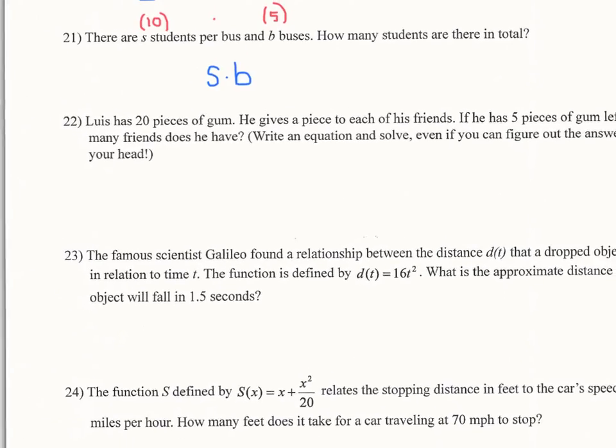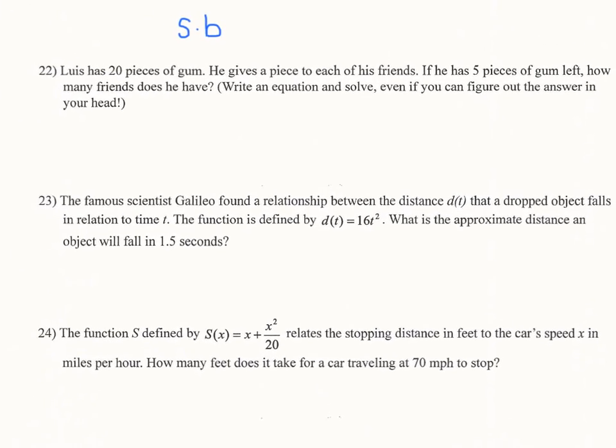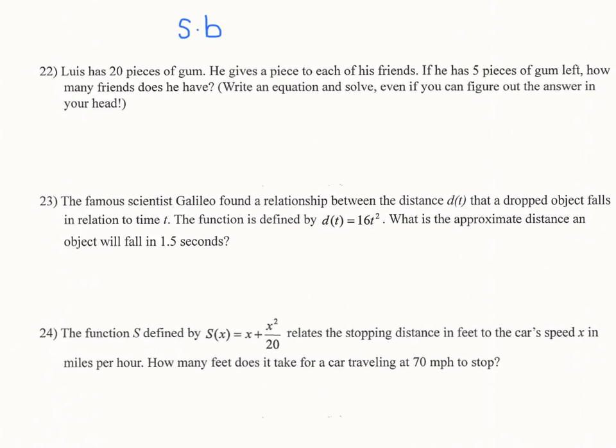Okay, number 22, and I asked you in here specifically to write an equation and solve, just because I sort of know what this question looks like on your test. So make sure you're following along with that. Lewis has 20 pieces of gum. He gives a piece to each of his friends, and he has 5 pieces of gum left over. So I'm going to go through the entire process to set up an equation. My variable is his friends.